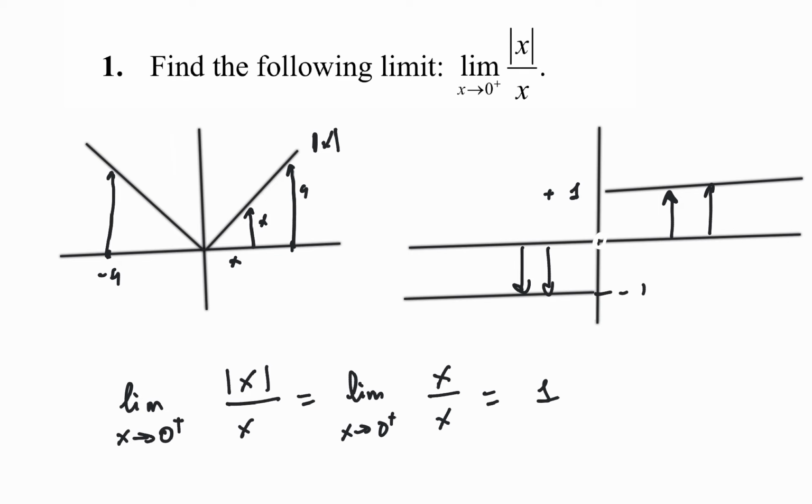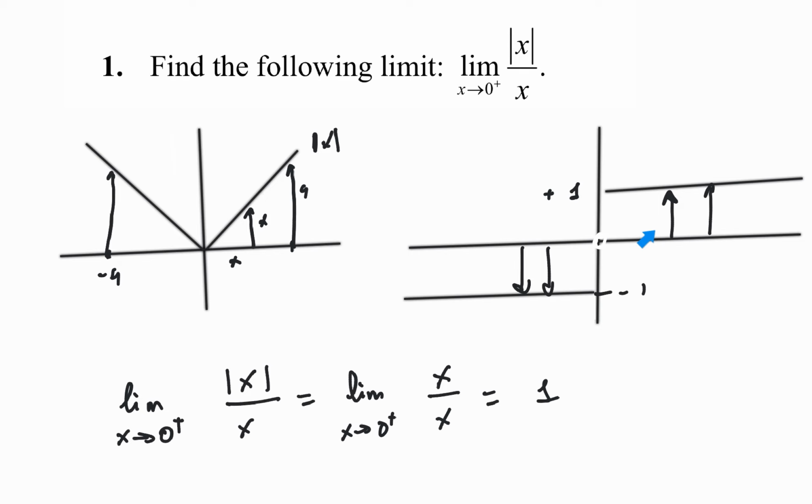But the problem is asking only about the limit as x approaches 0 plus. When x approaches 0 plus, the absolute value of x divided by x will approach 1.